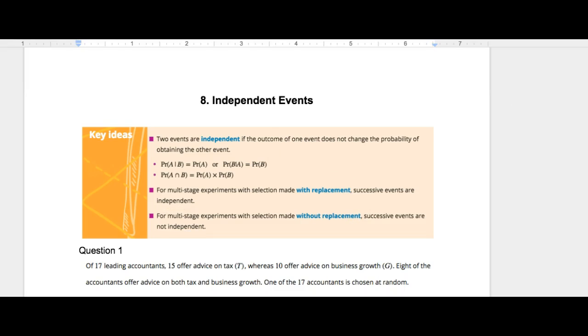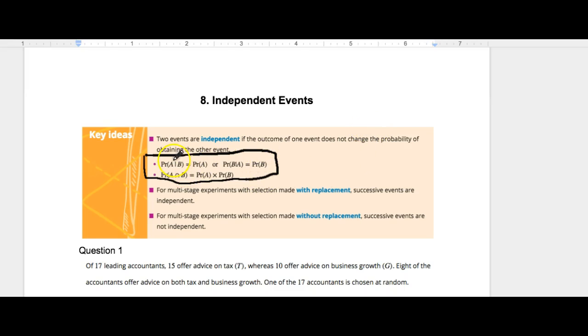There is a formula for independent events, so you can see it here. It's a good idea to put this into your bound reference. This formula will be used, and you'll see when we do question 4.